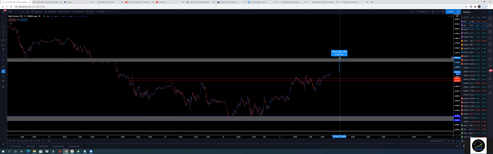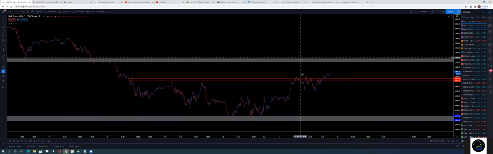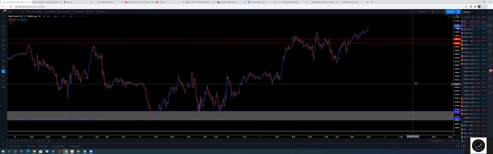Yes, sir. Even these pips right here to the bottom of this structure is like 1,700 pips. If they break the structure, come up and take out the highs, that's like 2,800. Yeah. Oh, we definitely gonna catch some of them.